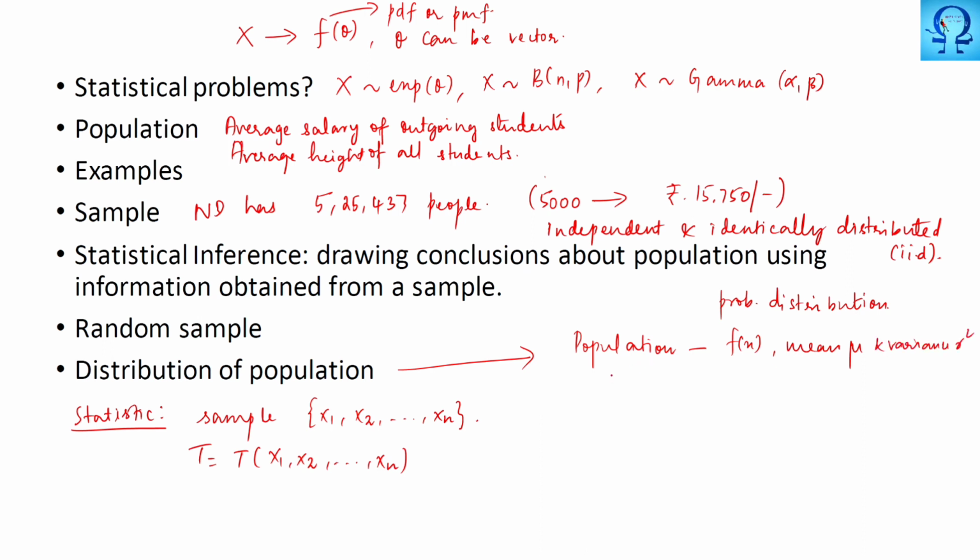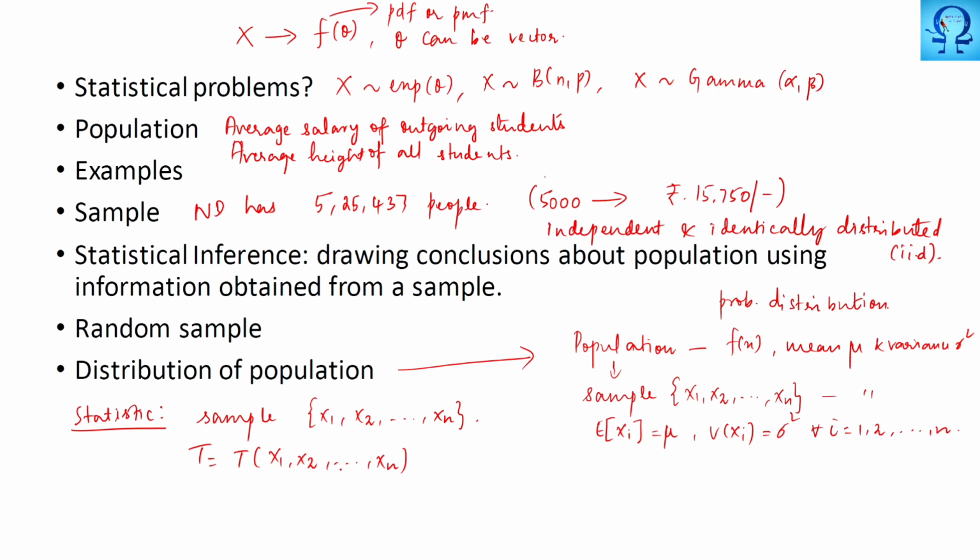From this population only we collect a sample. Of course, all the entries in the sample will have the same probability distribution, mean and variance. That means expectation of xi is mu and variance of xi is sigma square for all i running from 1 to n. Now this constitutes a sample, isn't it?